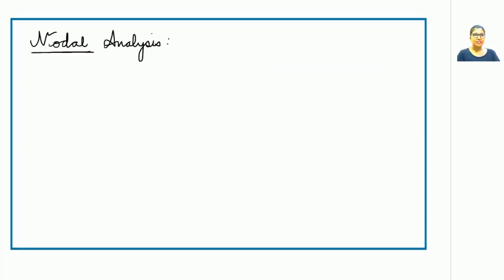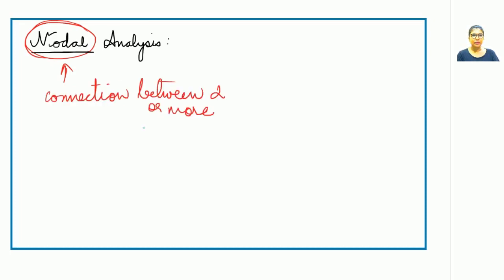So nodal analysis. What do you mean by this word nodal? Nodal means it is a connection between two or more branches. So we already know what a branch is.